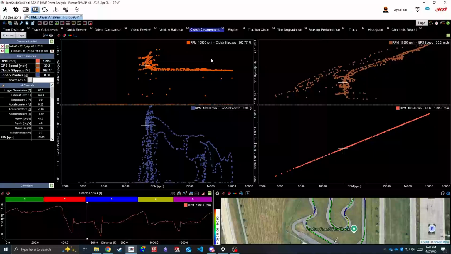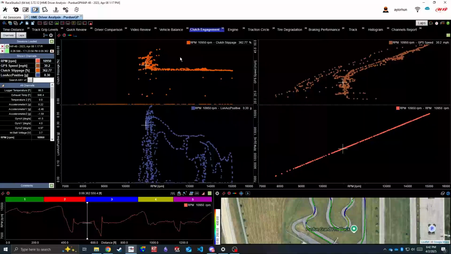And regardless of what your gear ratio is set to on the rear gear, this is going to give you a somewhat consistent measurement of the one-to-one locking of your clutch. And anytime that this is diverging, it will indicate as an increased clutch slip percentage.